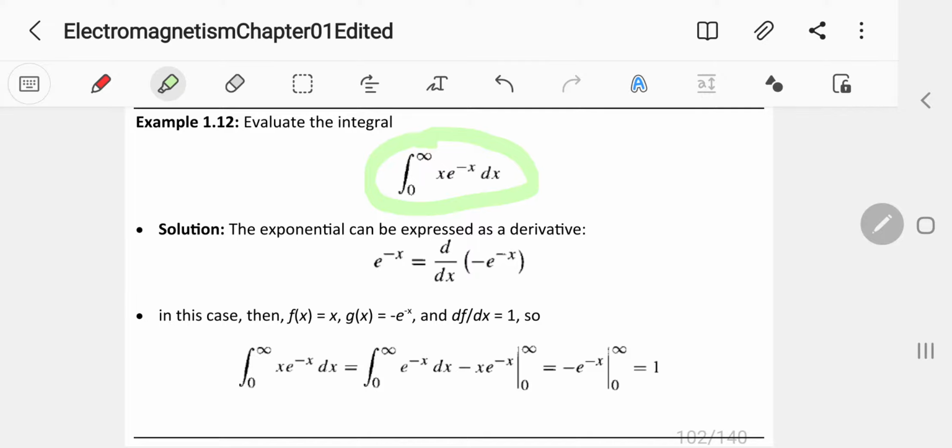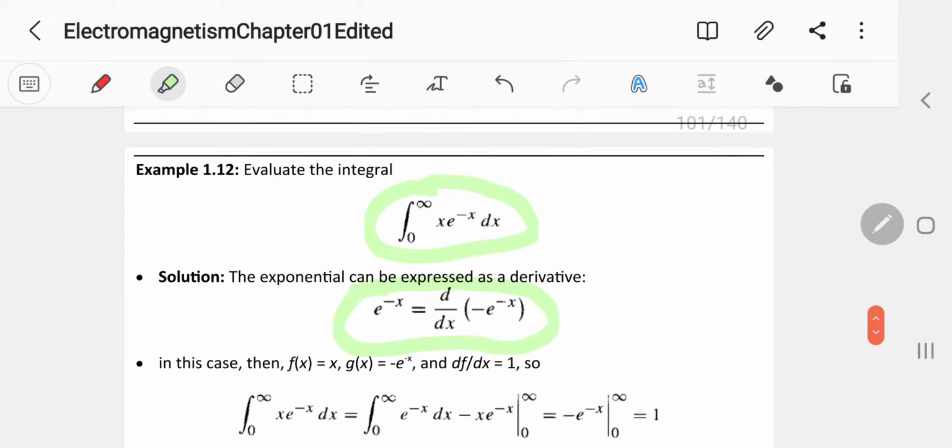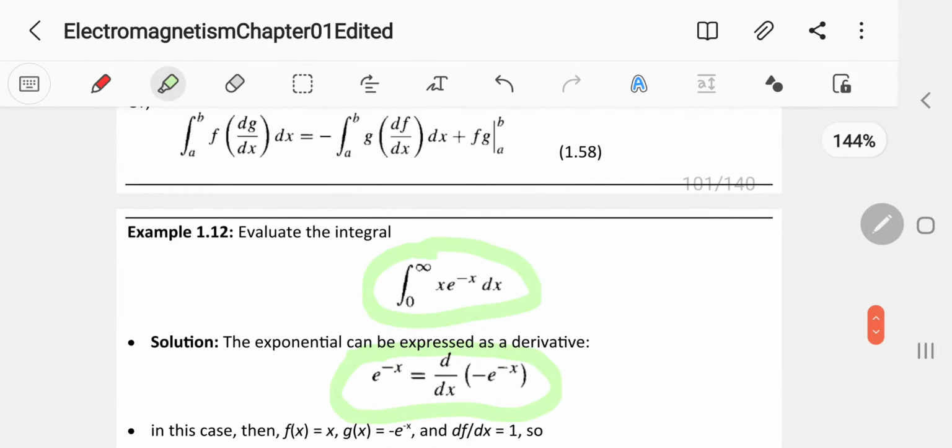Of course, you can assign e to the negative x as the derivative of negative e to the negative x. If you look at the formula, you can compare e to the negative x with this term here, and of course your f is just equal to x.